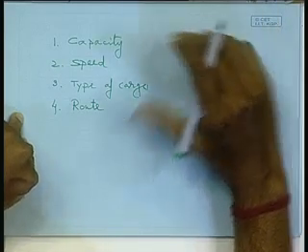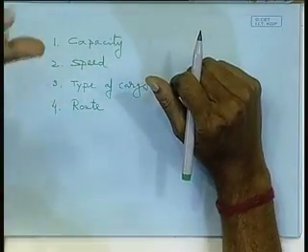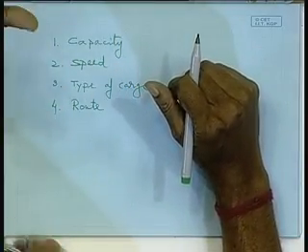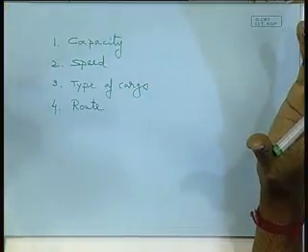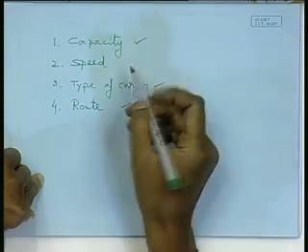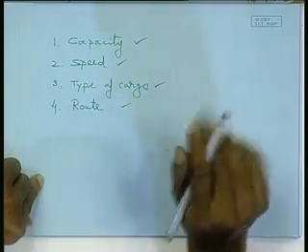I do not think anything else. This is the basic 4 requirements. So, you can well imagine the customer only wants to transport a certain amount of cargo through a given route, port of origin, port of destination, and via the route, and at a certain speed, that is all.